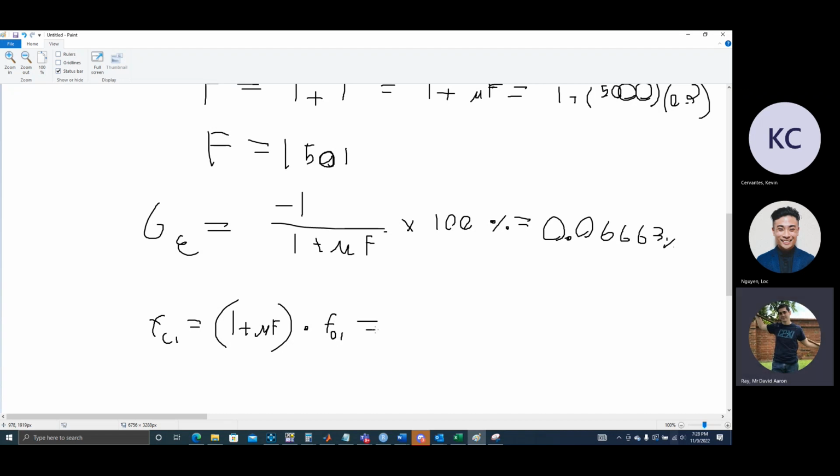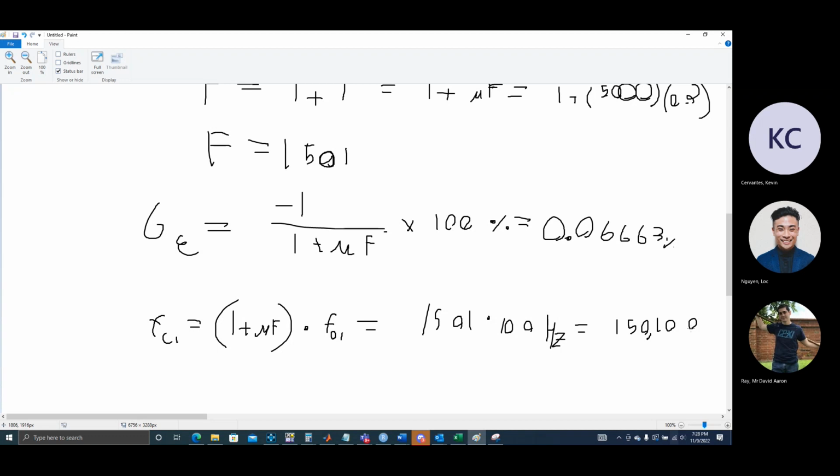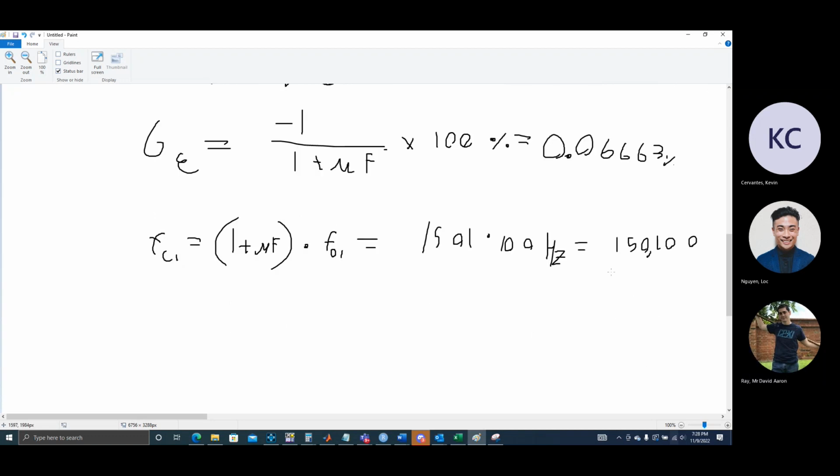And so we're given F of the open loop, and we know our F value, so that's just going to be 1501 times 100 hertz. And that's going to equal 150,100, or 150.1 kilohertz.